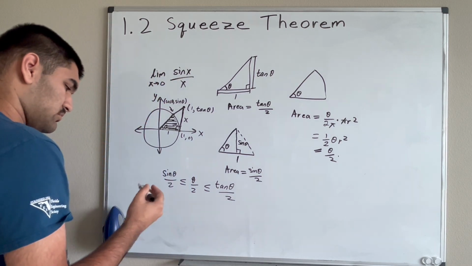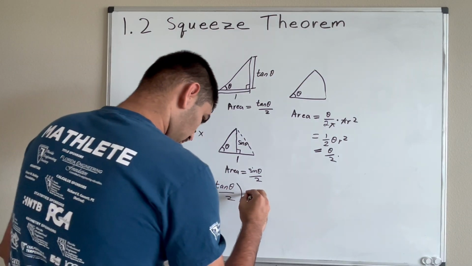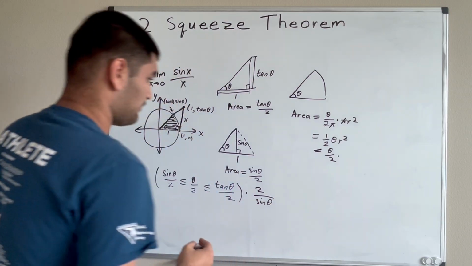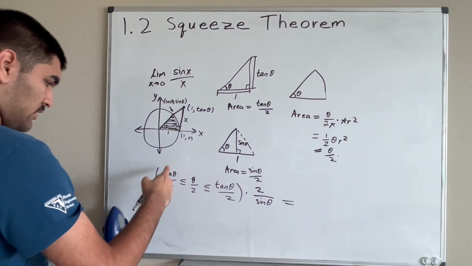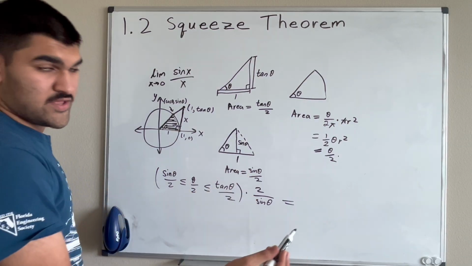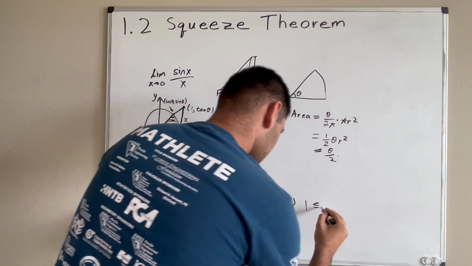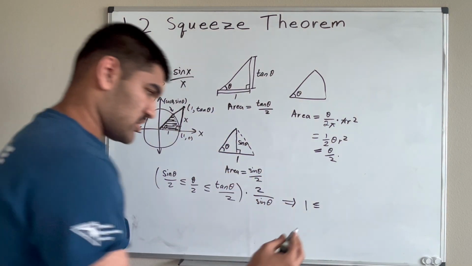Alright, cool. So now I'm going to multiply all sides of this inequality by 2 over sine theta. Okay, and so then what do we get? Well, sine theta over 2 times 2 over sine theta, that's just 1, less than or equal to theta over 2 times 2 over sine theta, that's just theta over sine theta.